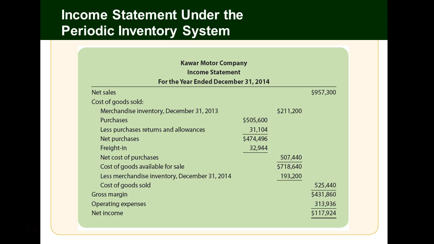So if we take the beginning inventory plus all of our net purchases, that's everything available for sale. When we physically count our ending inventory at the end of the period, the difference then will be our cost of goods sold. See, since we don't keep track of it after each transaction, we have to figure it out at the end of the year.